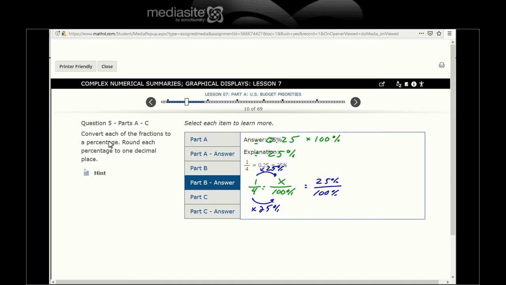But in this part, they gave you the instruction to convert the fraction to a percentage, so the quickest way is to go to a decimal, times it by 100.